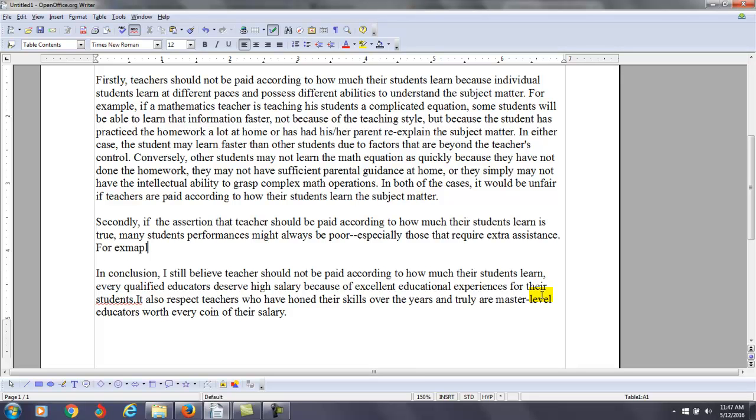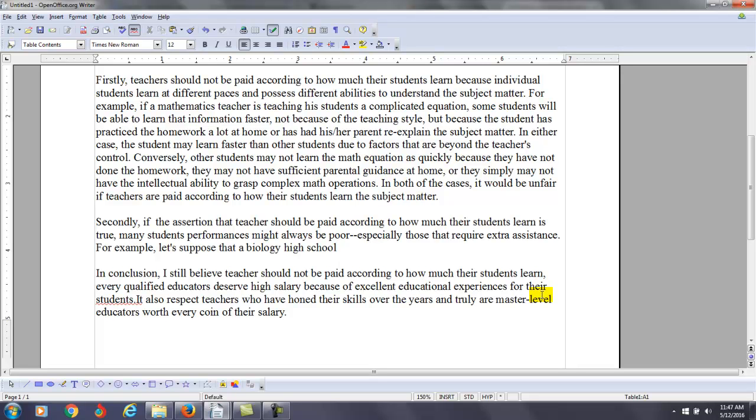For example, you must say, let's suppose... and what we have to do here is give an example to illustrate your point in order for your argument to work.